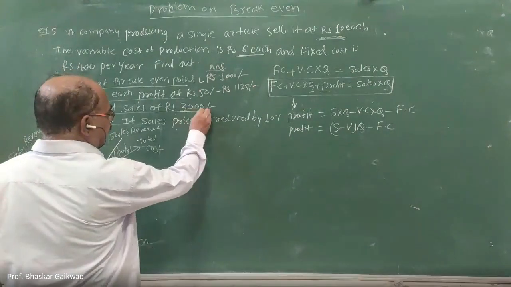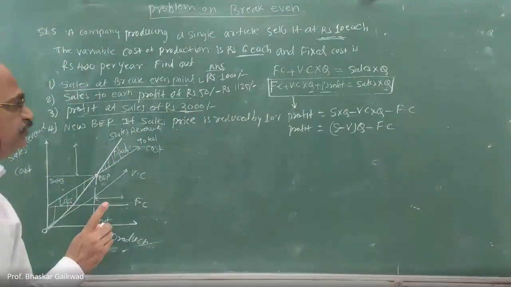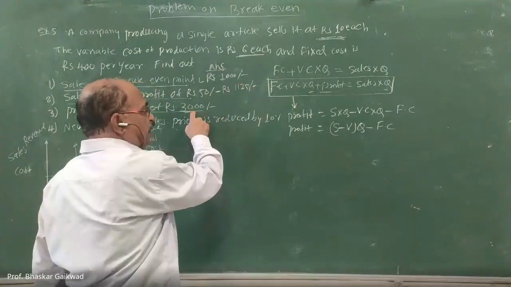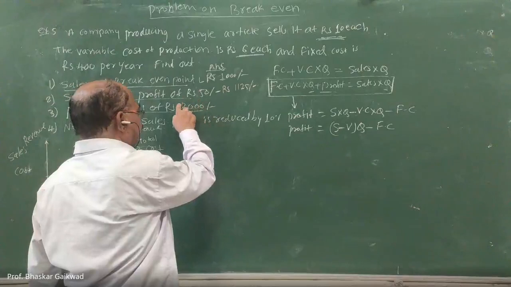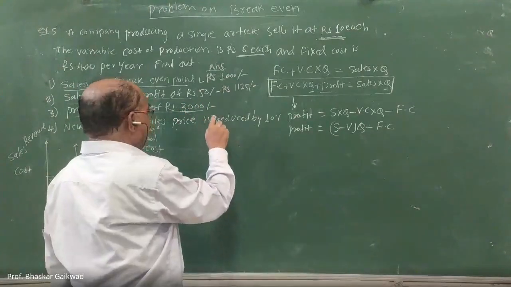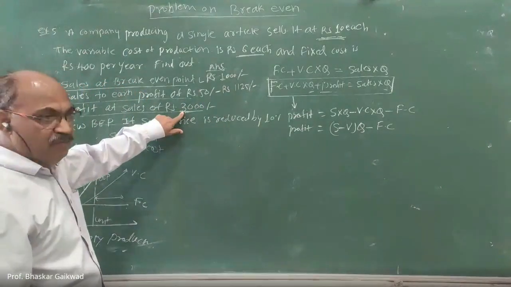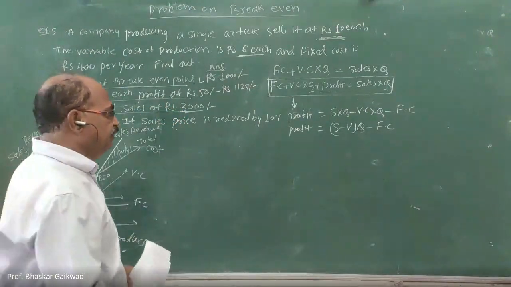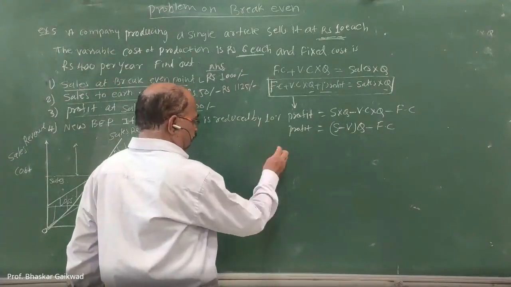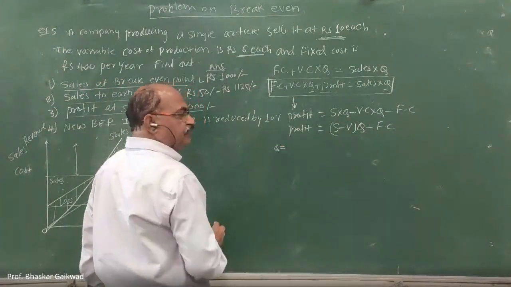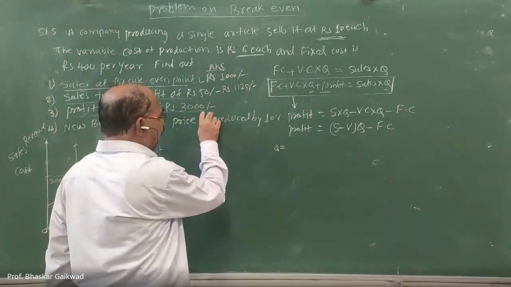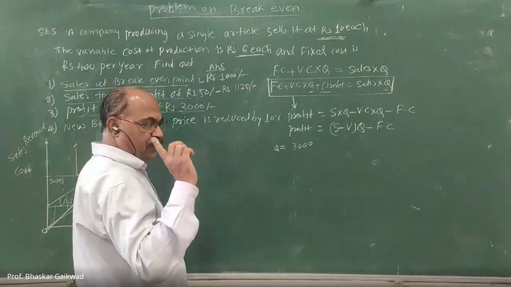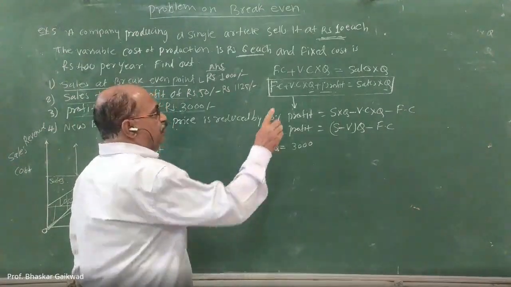Now, what is the unit cost, or how much quantity have we sold within this amount? We have got this amount, but how much quantity have we sold? How to calculate this? Very simple. The quantity Q is the total amount, 3,000, divided by the selling price of each article, 10 rupees.